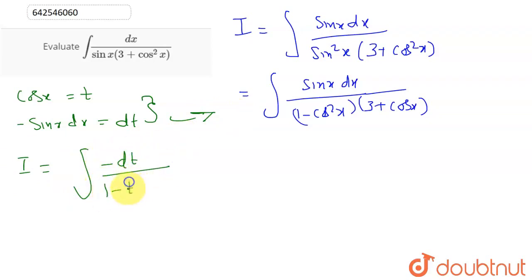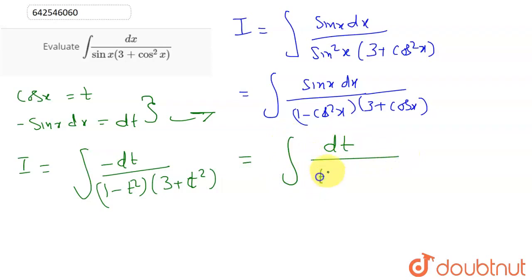upon 1 minus t square into 3 plus t square, which we can write as dt upon t square minus 1 into t square plus 3.